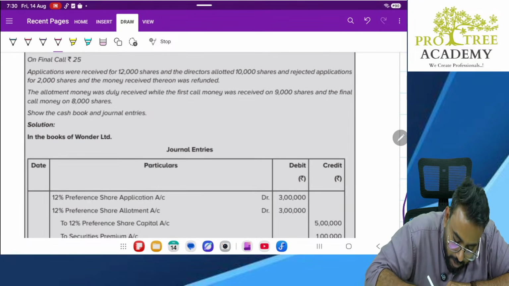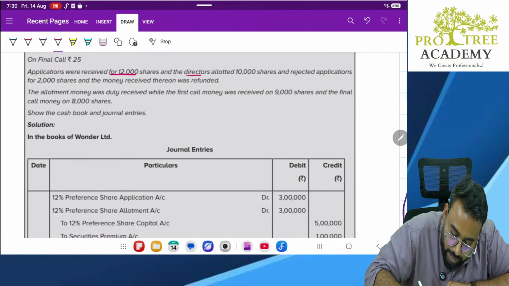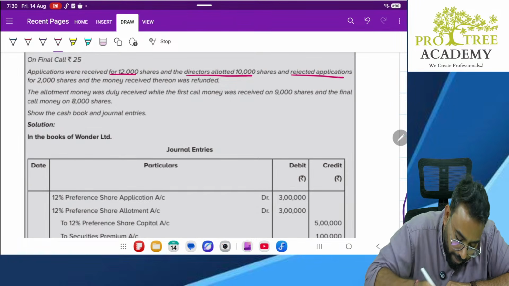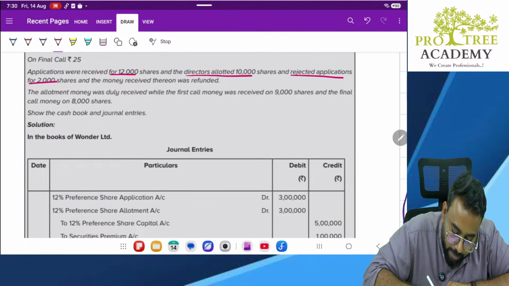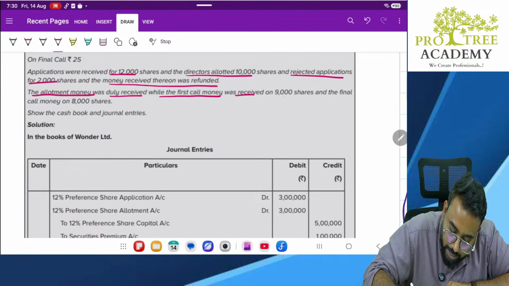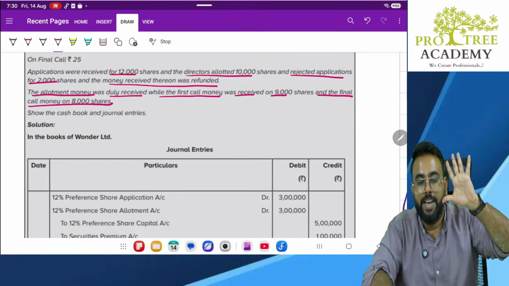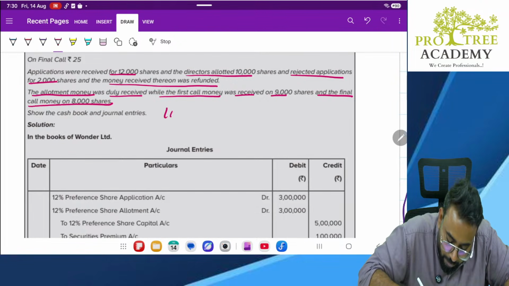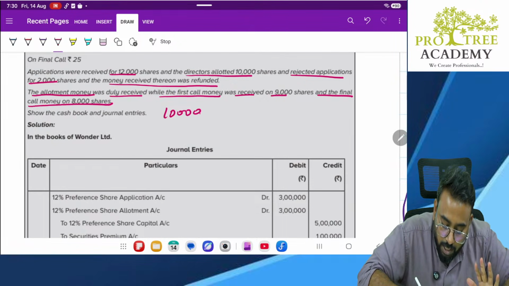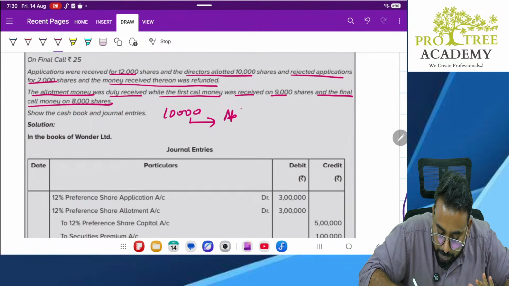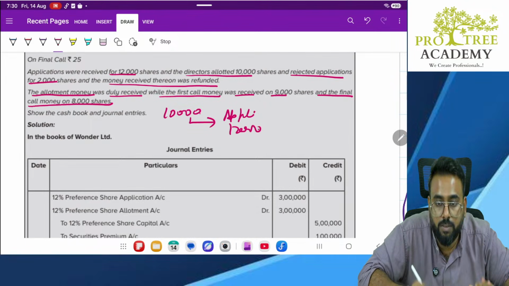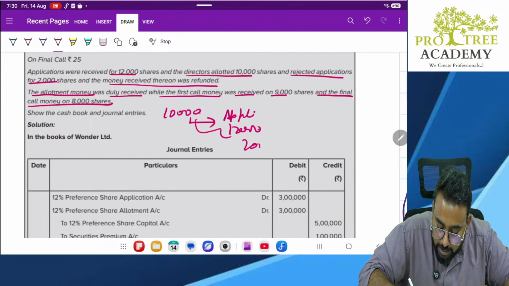The directors allotted 10,000 shares and rejected applications for 2,000 shares, and the money was refunded. The allotment money was duly received, while the first call money was received on 9,000 shares and the final call money was received only on 8,000 shares. So total shares applied is 12,000, and 2,000 rejected.